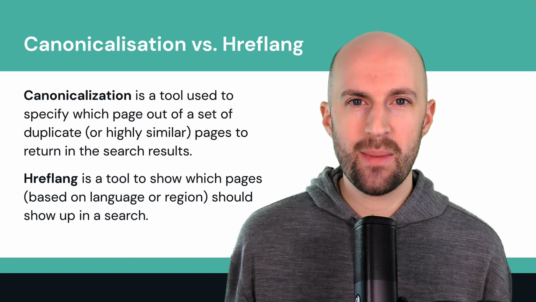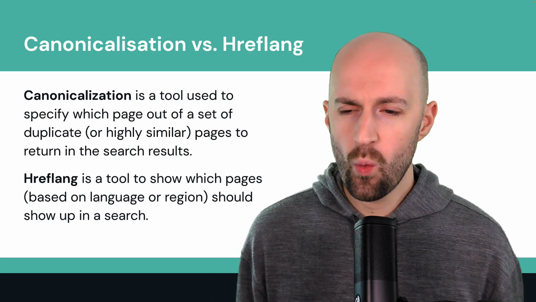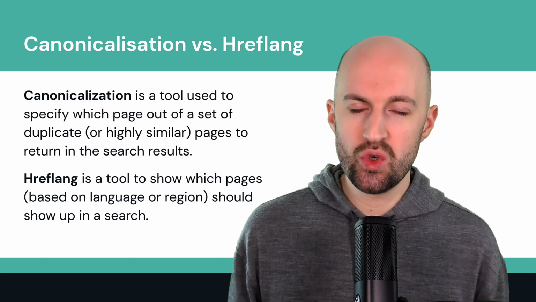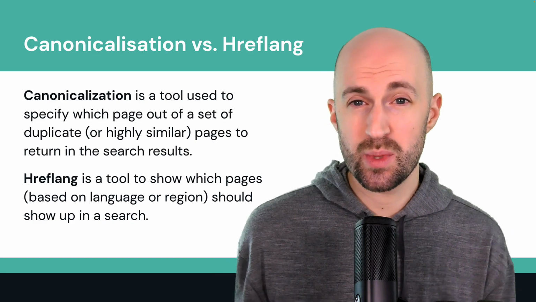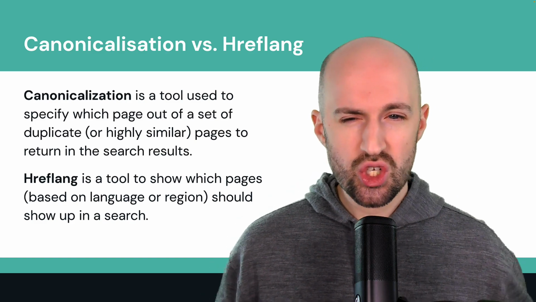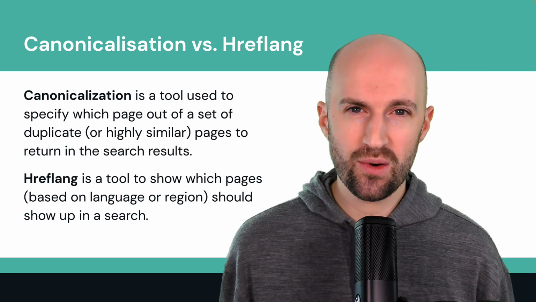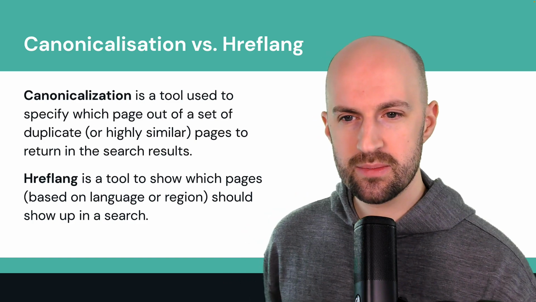We're not talking about international here, so I just want to make that distinction. While Hreflang is a tool used for international SEO to show which pages, based on a specific language and/or country, should show up in a search. So there's two different things. They both tackle duplicate content, but they're used for two different purposes.